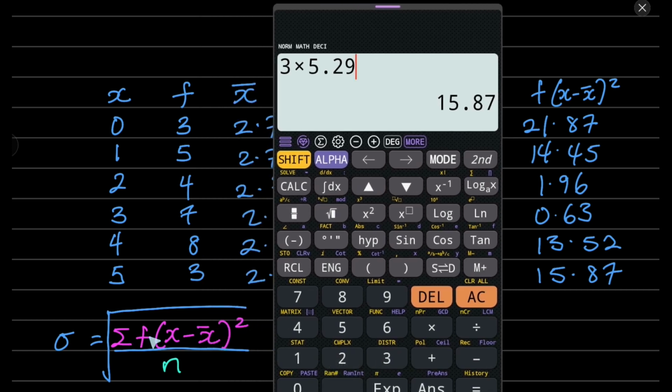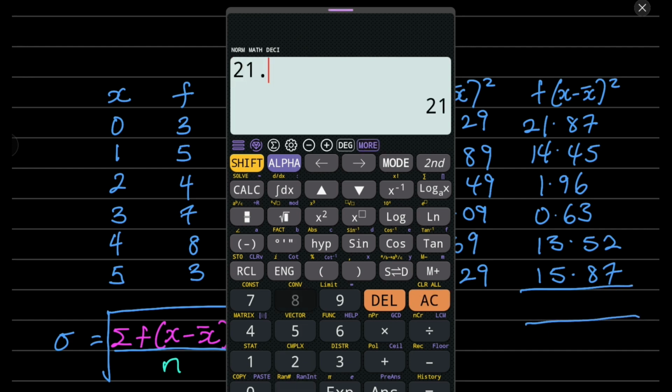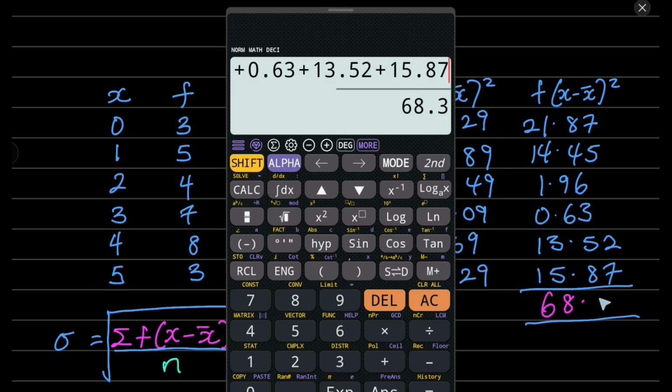Back to the formula. The formula says sum them up. So we put our summation line here, and you sum up 21.87 plus 14.45 plus 1.96 plus 0.63 plus 13.52 plus 15.87, and all together we have 68.3.